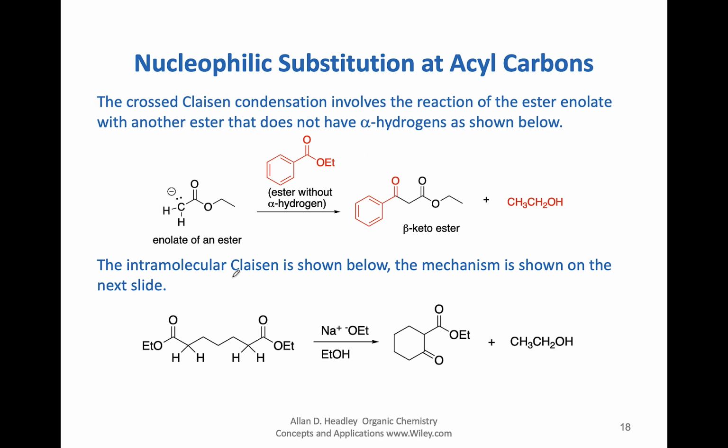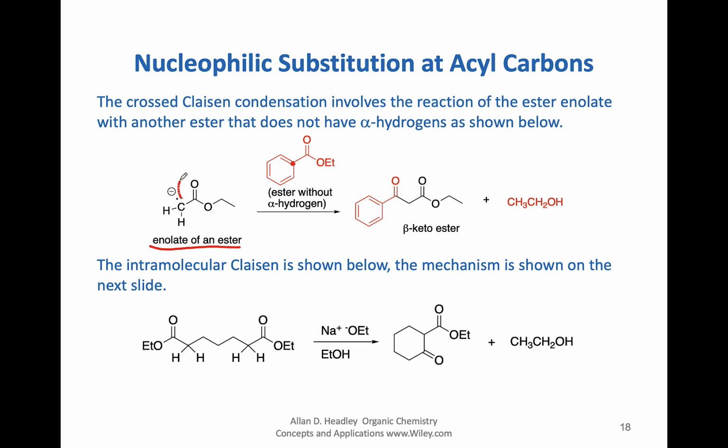So let us look at the Claisen reaction with another type of molecule. Let's assume that we have created the enolate of an ester. Here it is. So this enolate of the ester, if we introduce another ester, notice this ester does not have any alpha hydrogens because this is the alpha carbon, but there are no hydrogens bonded to that carbon.